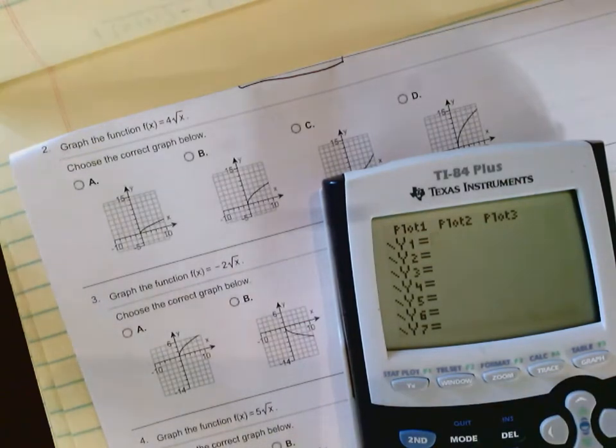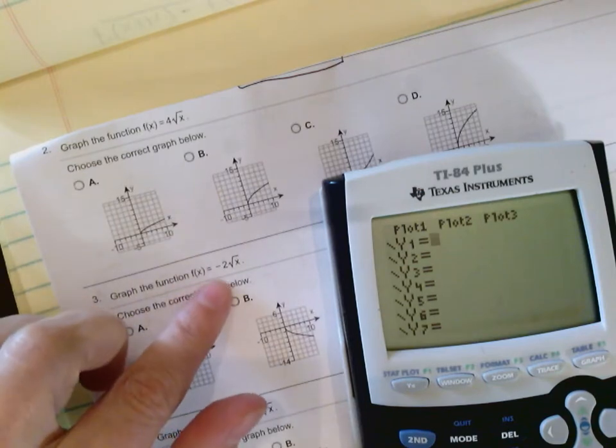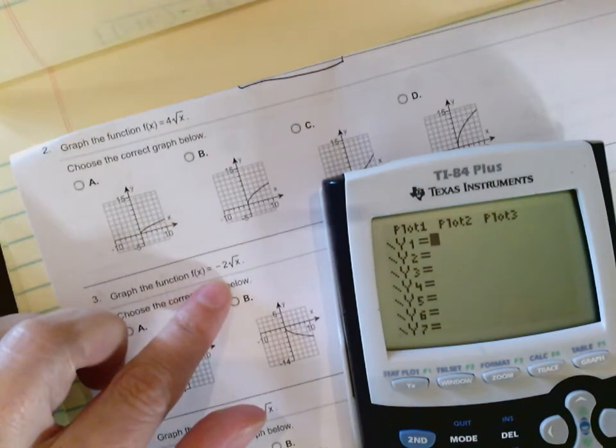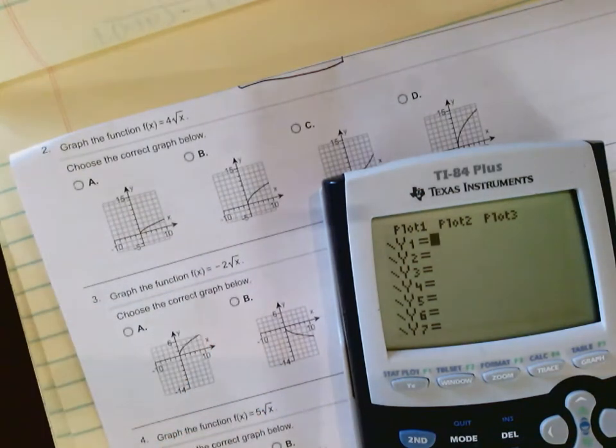Now let's just see what the standard square root of x does. That's going to give us a clue as to what the shape of all these is going to be, and then the number that is outside of these radicals will move it or shift it or flip it upside down, different things like that. But first of all, let's just look at what the standard square root of x looks like.